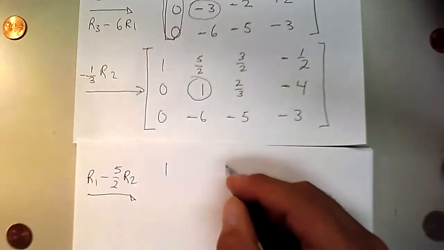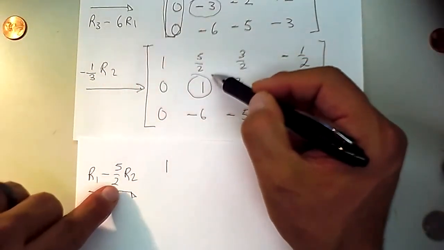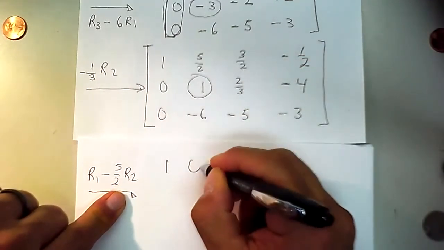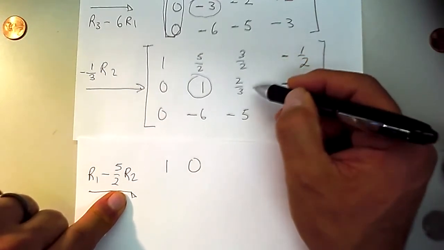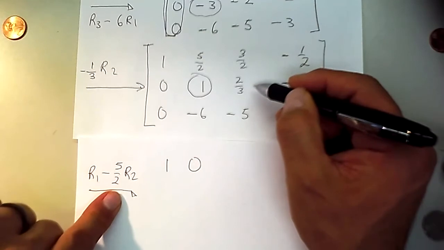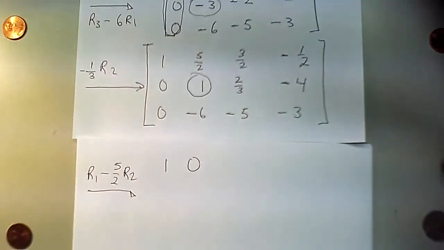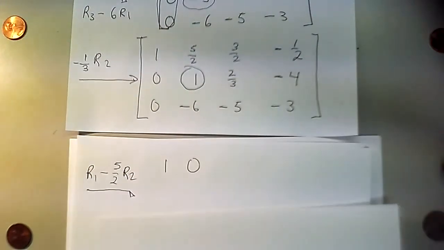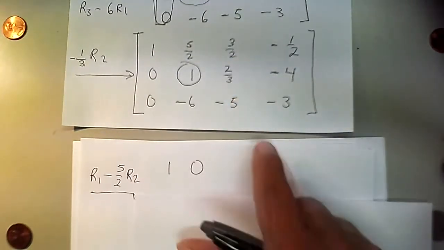Yeah. So 5/2 minus 5/2 of this guy is going to be 0. 3/2, whoa, minus 5/2 of that. Okay, that is complicated. I need a piece of scrap paper to do that, because some of those computations are not as easy.